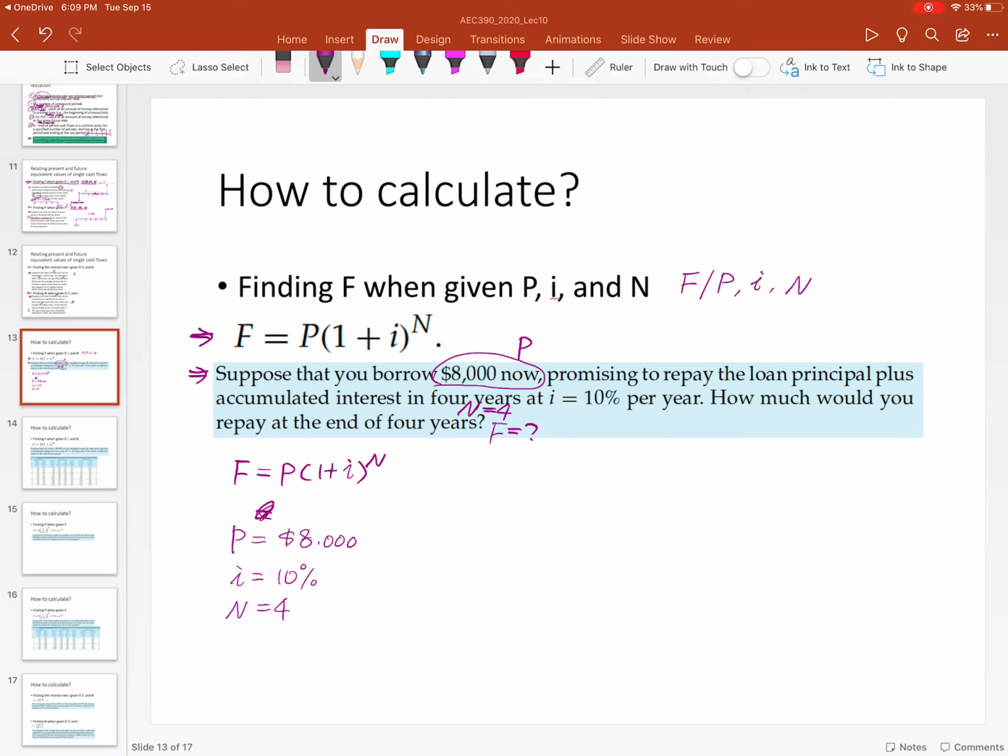So we can substitute the P, I, and N with these values. So the F is 8,000 times 1 plus 10% to the power of 4. Right? So that's going to be 8,000 times 1.1 to the power of 4.